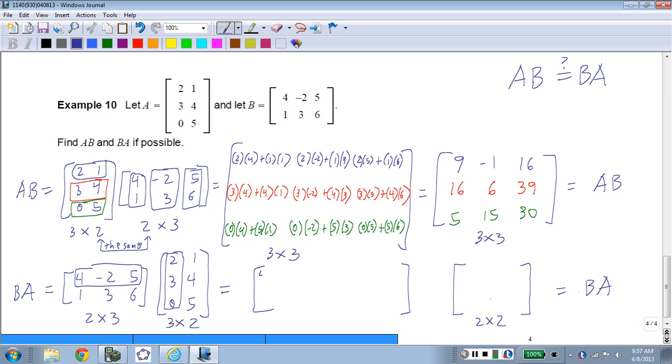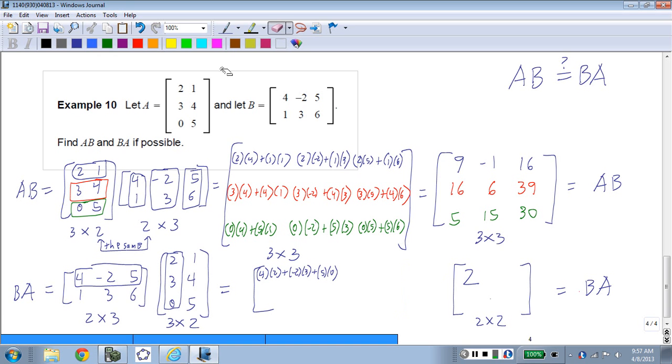So 4 gets multiplied by 2. Then negative 2 gets multiplied by 3. And then 5 gets multiplied by 0. We add all that up. 8 plus negative 6 is 2, plus 0 is 2. And we just get a 2 there. So 2 in row 1, column 1.